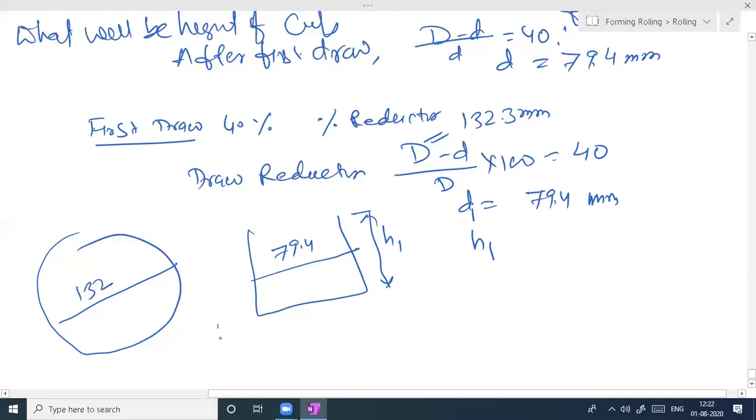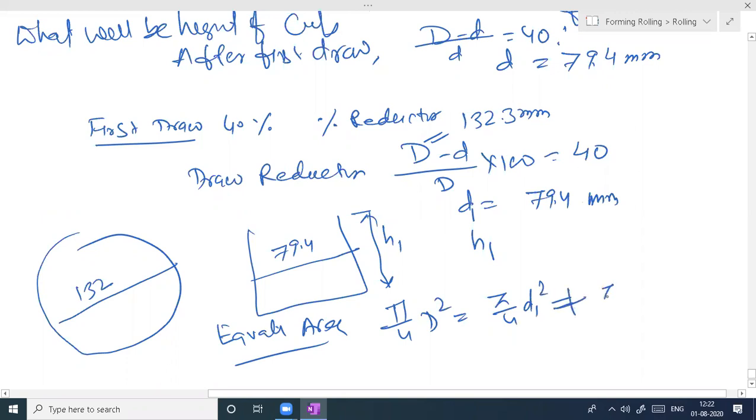So you have to equate the area again. Pi by 4 D square is equal to pi by 4 d1 square plus pi d1 h1. So h1 you have to calculate. This will be the height of the formed cup after first draw.